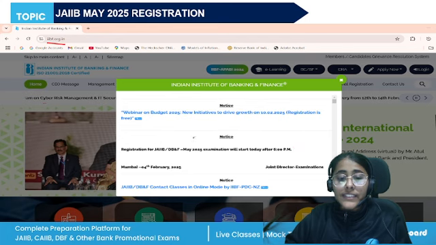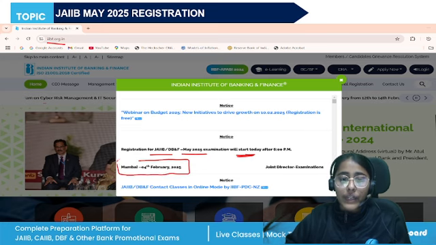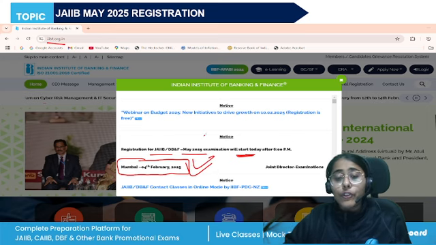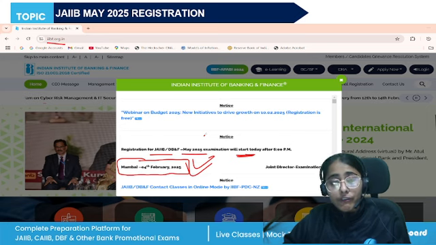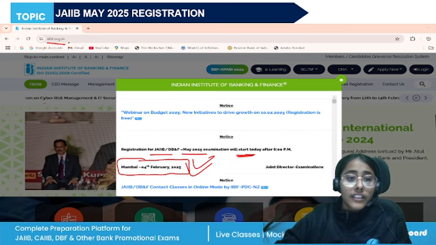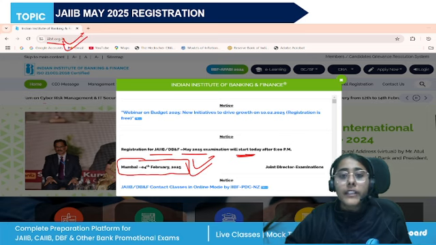The notice says that the registration for the JAIIB and DFF May 2025 examination will start today. So today means on 4th of February 2025, the registration process has already started, right? So now if you visit the site, you will find that the registration is live. So this is the official site, the first important information.